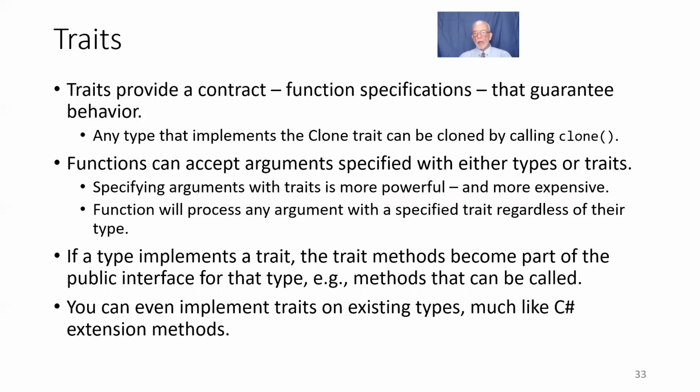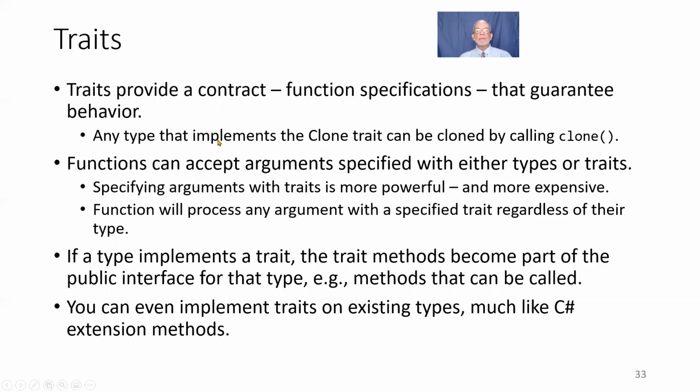So, for example, and we'll show you, you can declare a function that accepts not a type but a trait, and that means that any type that implements that trait can be passed to the function, and the function will make use of that by calling the methods advertised by the trait.